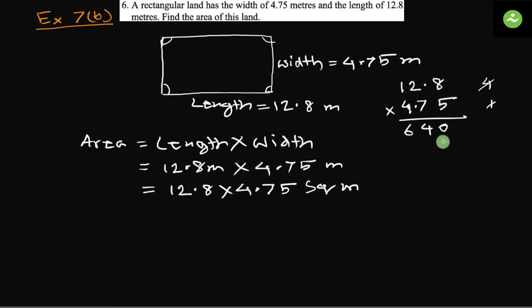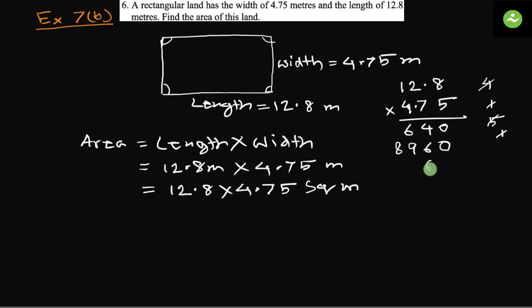Next digit, and put a 0 here before you start. 7. 7 into 8, 56. 5 in hand. 7 into 2, 14. 14 and 5, 19. 1 in hand. 7 into 1 and 1, 8. Next digit, multiply by 4.